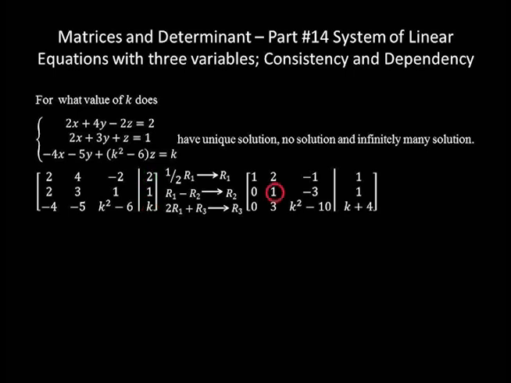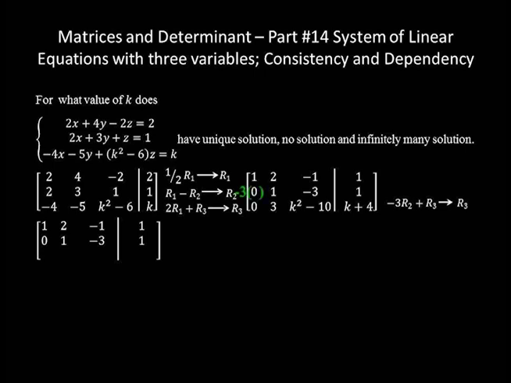This element is already 1, so no calculation needed in row 2. In row 3, we have to convert this 3 to 0. To do so, we can multiply this 1 by negative 3 and add the product to 3. Thus, the formula that can convert this 3 to 0 is negative 3 times row 2 plus row 3. We can copy row 1 and row 2 elements as they are because we will not make any change on them.